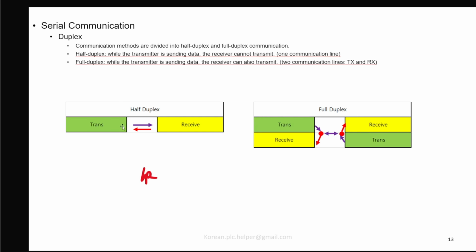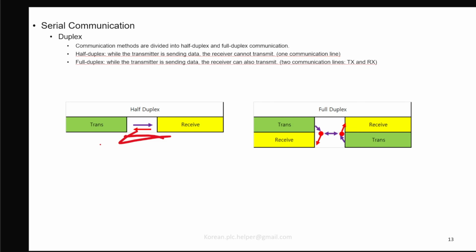Therefore, when one device is transmitting data, the other device cannot transmit data at the same time. The other device must wait until the first device has finished transmitting. In other words, two-way communication is possible, but simultaneous two-way communication is not.